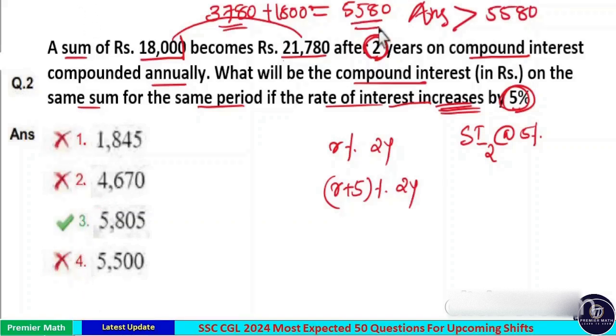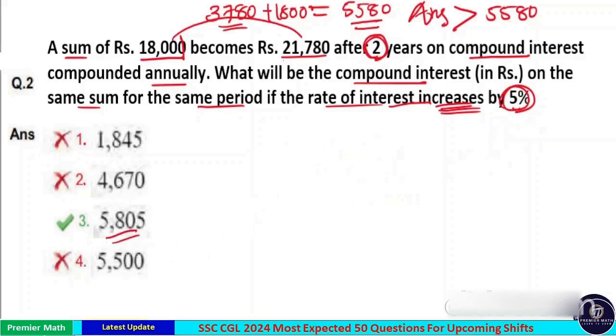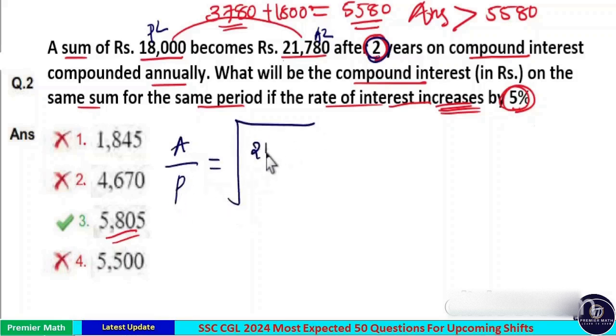So in this way you can find the answer, but if you want the proper explanation, I'll calculate it. Here, this 18,000 is for 2 years. So this is P square and this is A square. Now if I take the amount by principal ratio, this is root of 21,780 divided by 18,000. Now 0 cancels.